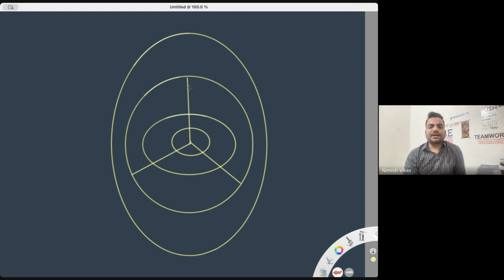So de Broglie said that in the third orbit, or in any nth orbit, like I'm taking the example of the third one, the movement of the electron will be something like this.